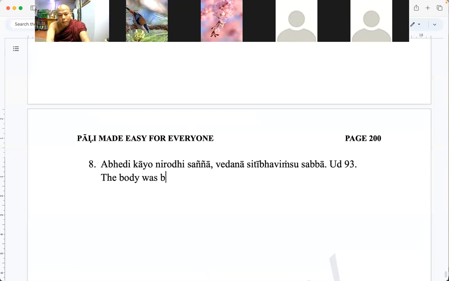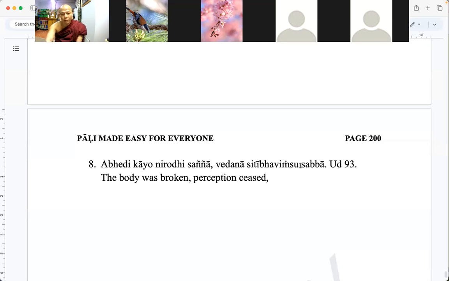The body was broken, maybe down or broken. And the sanya nirodi. Sanya means perception. So perception, nirodi also seized. Okay. And then, so Vedana sitibhavainsu sabba.